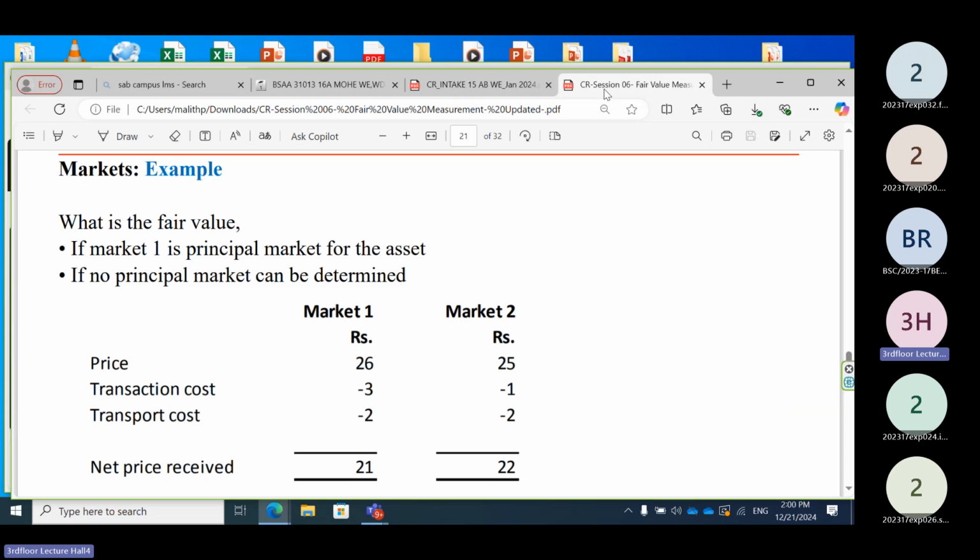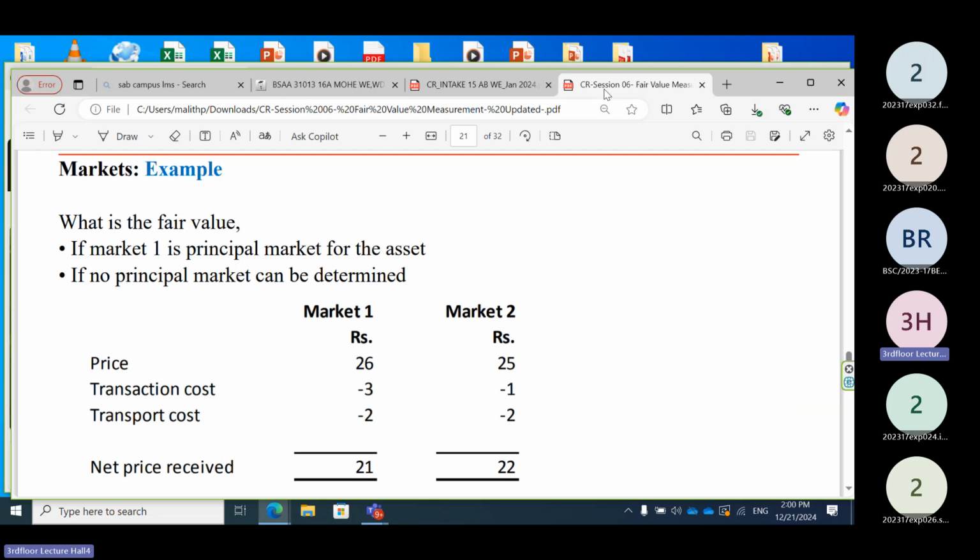Principal market, yes. The principal market is market one.